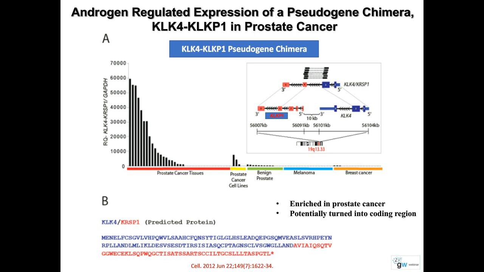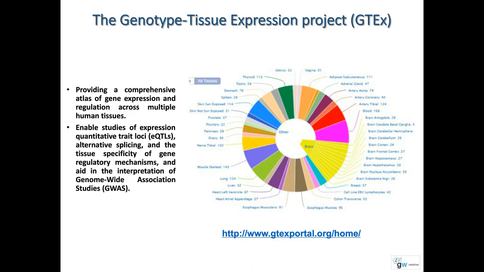As I mentioned before, the full length KLKP1 does not make protein. So we looked at the expression of full length KLKP1 in the GTEx portal. As many of you are aware, the GTEx portal contains next generation sequencing data from more than 50 normal human tissues.